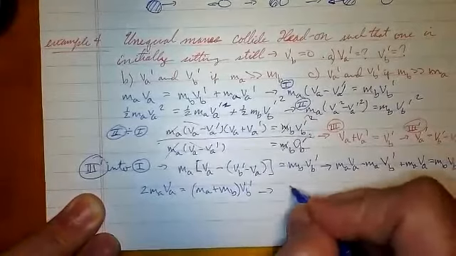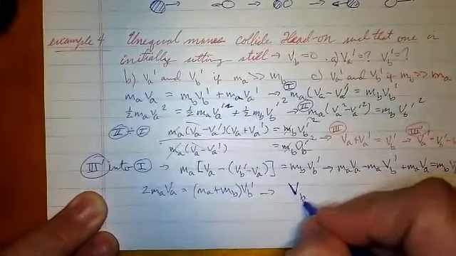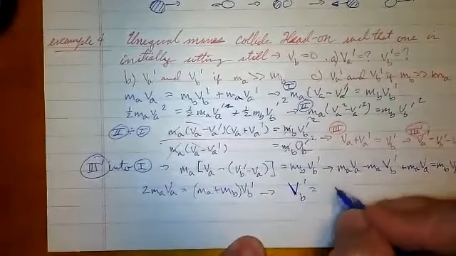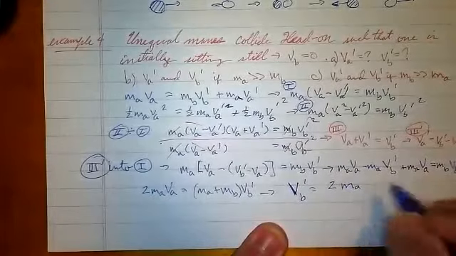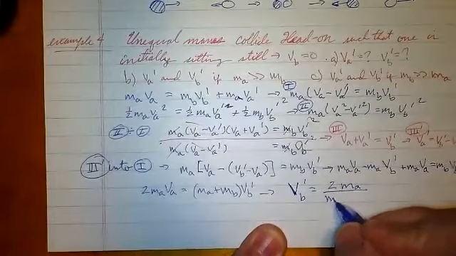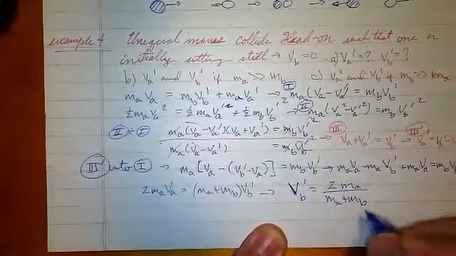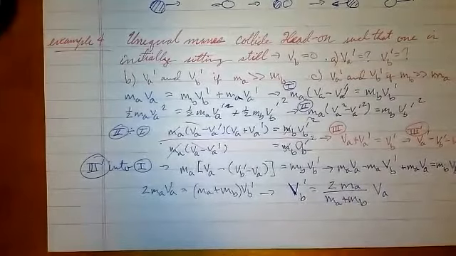So ultimately, I now know that VB prime looks a lot like our Atwood machine. VB prime looks like the tension of the Atwood machine. That's 2 times mass A over mass A plus mass B times the initial velocity VA.